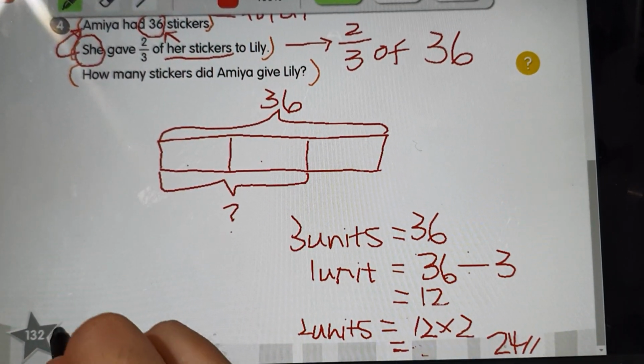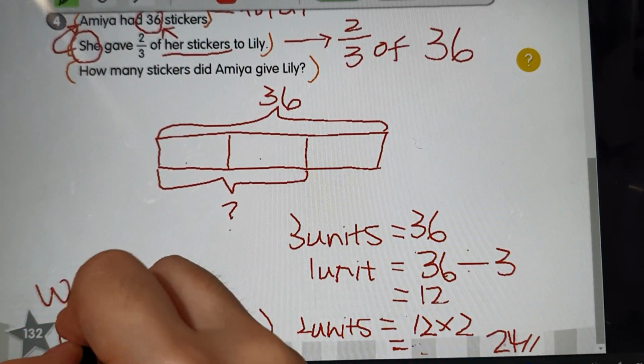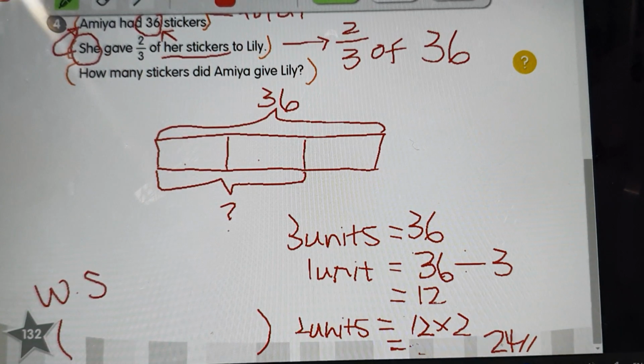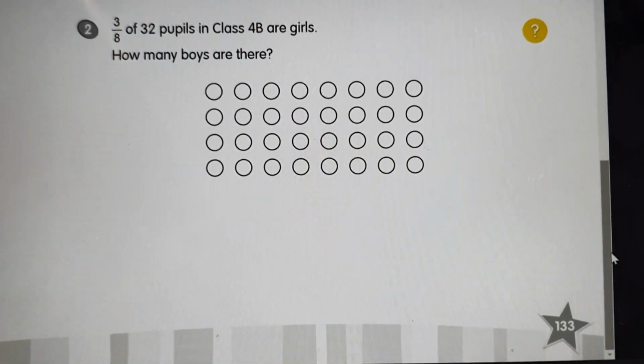So please remember to write down your word statement. Okay. Now let's move on to the next question.